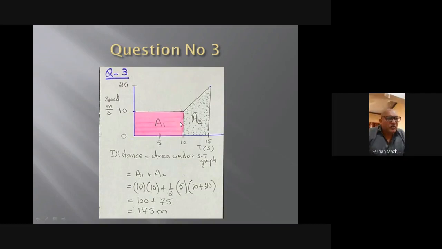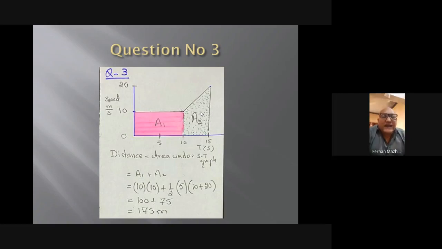This first portion looks like a rectangle, and this second portion looks like a trapezium. I will find their area. The total area will be area 1 plus area 2. This rectangle will be length multiplied by width. Its length is 10, its width is 10. So 10 multiplied by 10, 100. The area 1 will be 100. Area 2 is a trapezium. If you want to find out the area of a trapezium, the formula is very simple.